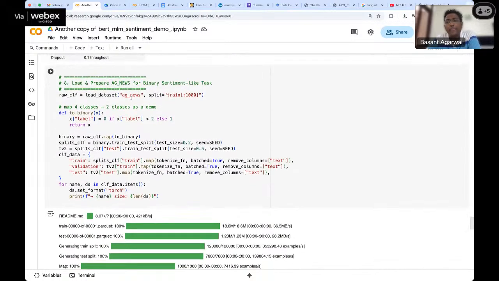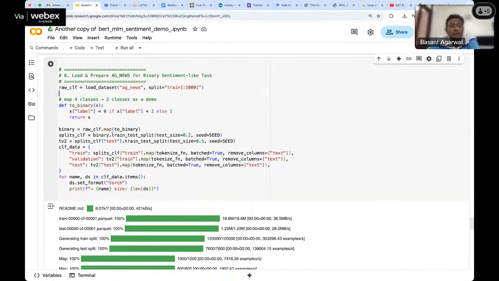Now we are taking another dataset, the AG News dataset, for a binary sentiment analysis problem. Generally this data has 4 classes, but we are just converting it to a binary classification problem to show you how this model can work.